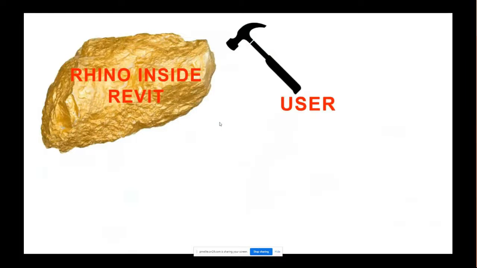Think of Rhino Inside Revit as a piece of gold, yet the user needs to shape it in order to use it in a meaningful way within their office workflow. That's really the major difference with Rhino Inside Revit and other technologies: you have the flexibility to do anything you want.